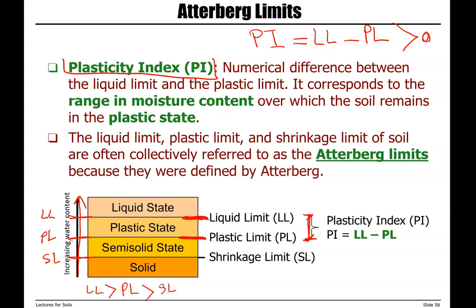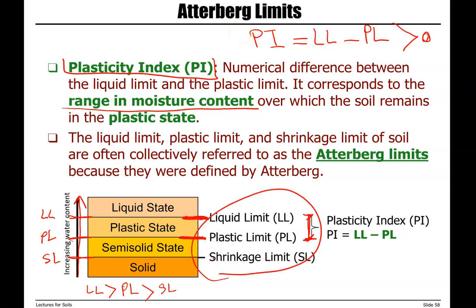And that's an indicator for the plasticity of fine-grained soil. And it corresponds to the range in water content or moisture content over which the soil remains in the plastic state. So that's plasticity index.